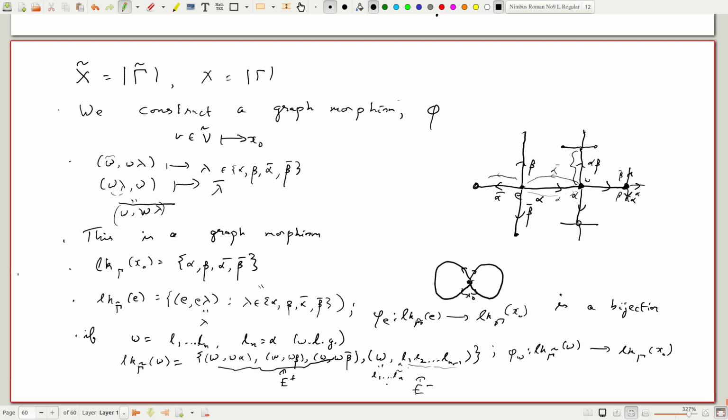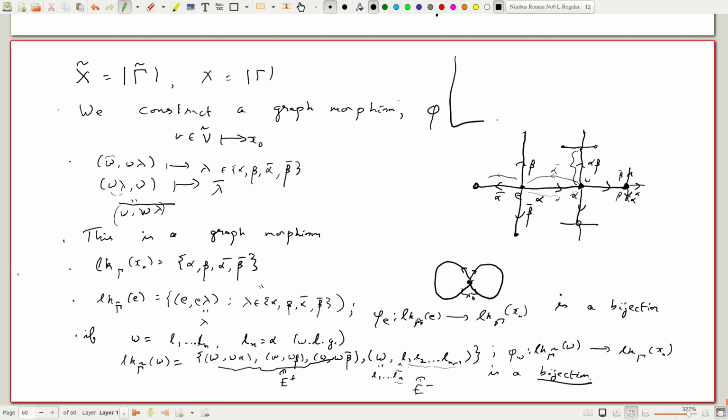But this one is mapped to the bar of the last letter. So these are mapped to alpha, beta, beta bar, and this is mapped to Ln bar, but Ln is alpha, so this is mapped to alpha bar. So this is also a bijection.